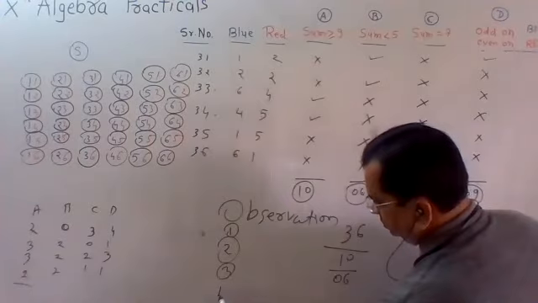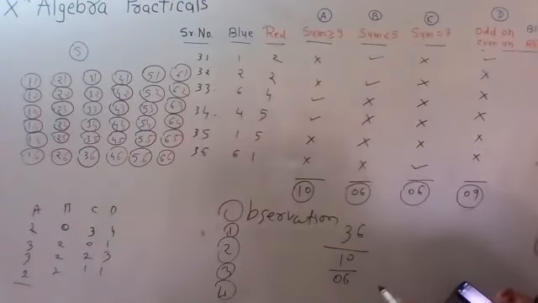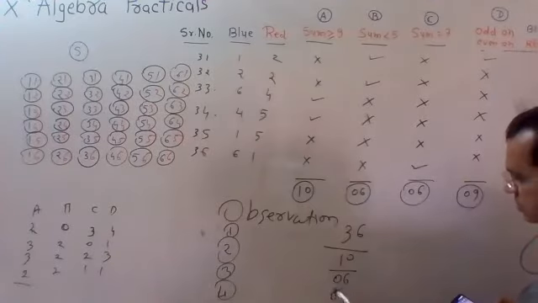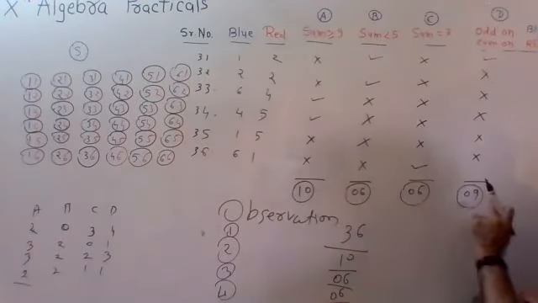Fourth observation, exactly 7, 0.6. Number of outcomes even and odd, that is fifth. First, second, third, fourth.